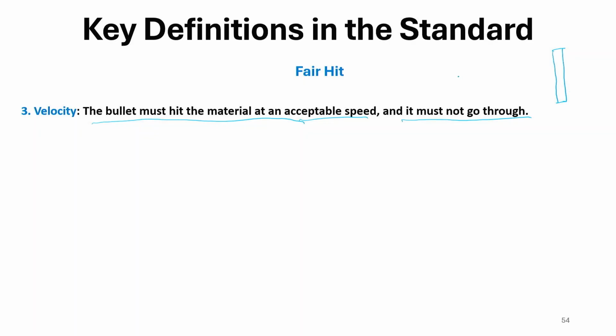Here there is a bullet, and v is the velocity; if at that velocity it penetrates through, then this velocity will not be considered.